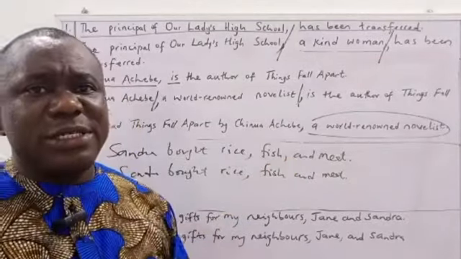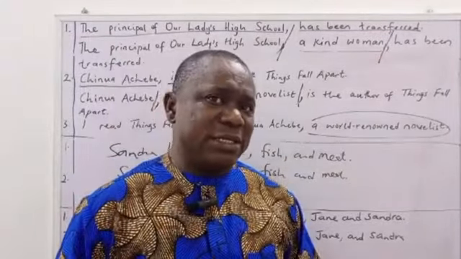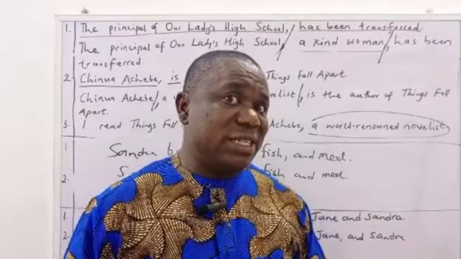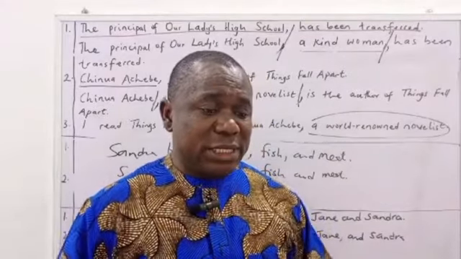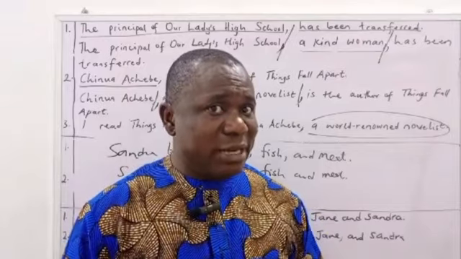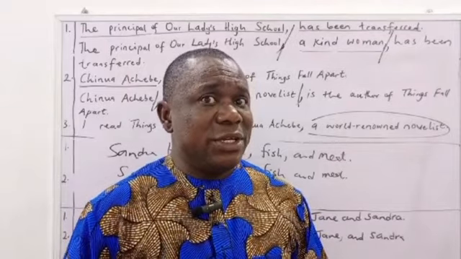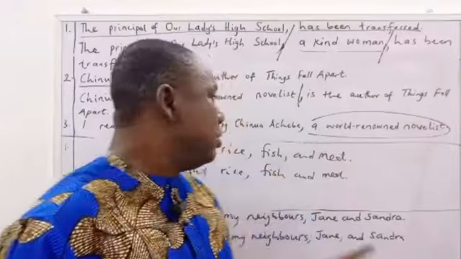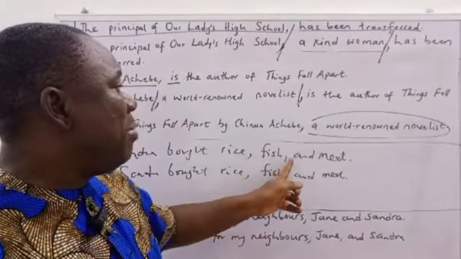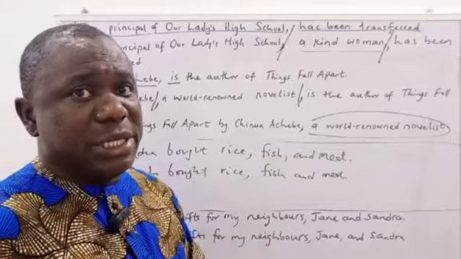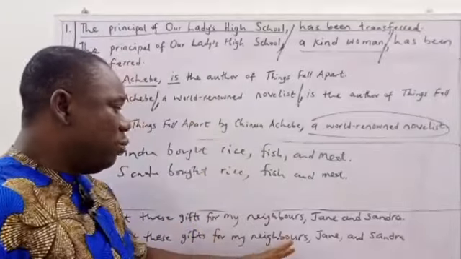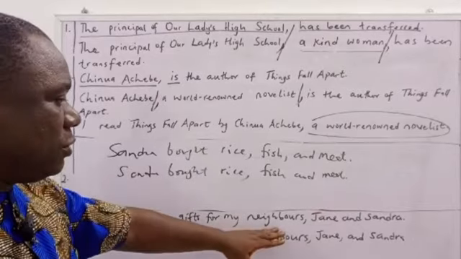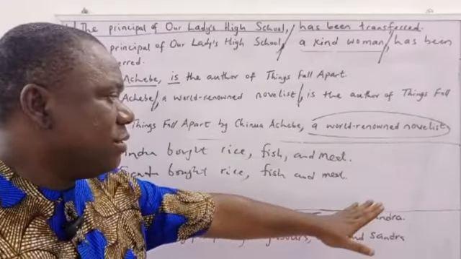And the reason I use this is that there are certain kinds of sentences you construct, certain kinds of sentences you encounter, and you will discover that to avoid the problem of ambiguity, the comma before the conjunction is important. I want to illustrate this with this. I bought these gifts for my neighbors, Jane and Sandra.